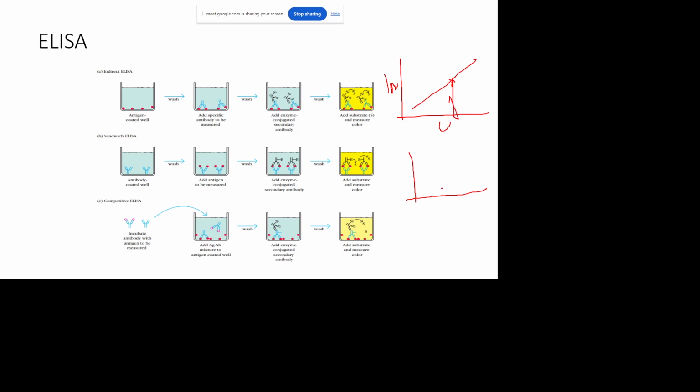For that you will take the same antigen and different sera, and plot a graph by measuring the intensity of the light from the reaction of the substrate. In this case you will get a bar graph. Suppose you are given antibody 1, antibody 2, antibody 3, and you are asked to check which one is the best for a particular antigen.